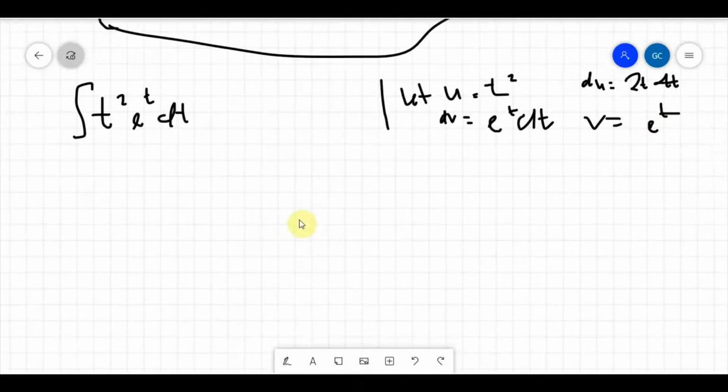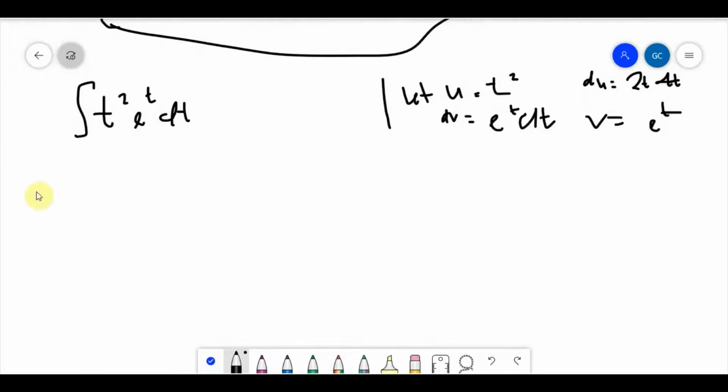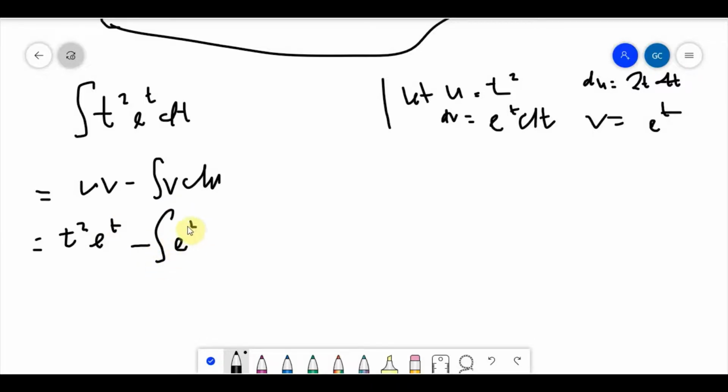Okay, now we will use that to get our final answer. So we have the formula u v minus the integral of v du. Now our u is t squared. We have t squared e to the t minus the integral of e to the t times 2t dt.